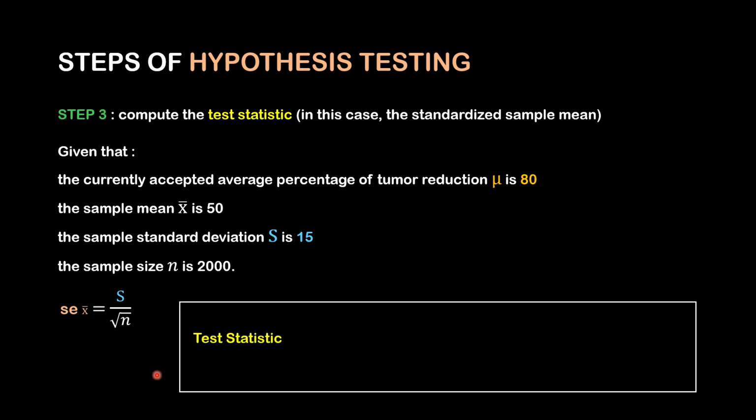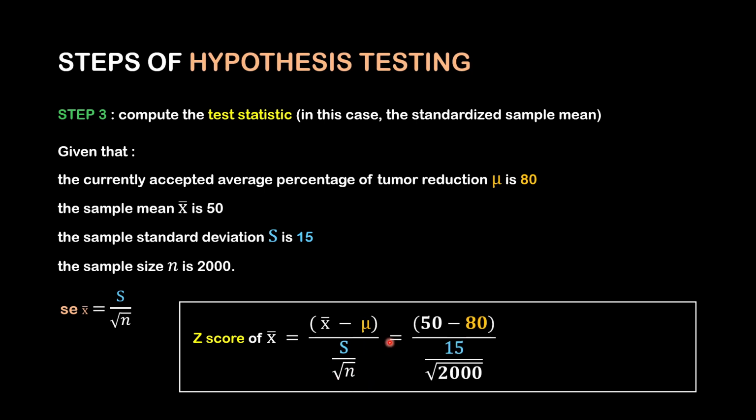Our test statistic, which is commonly called the z-statistic because this is a z-test, and which you can also call the z-score of x bar, is equal to x bar minus mu divided by the standard error, which in this case is equal to 50 minus 80 divided by 15 over the square root of 2000. That gives us a negative 30 over 0.3354. And finally, our test statistic is equal to negative 89.44.